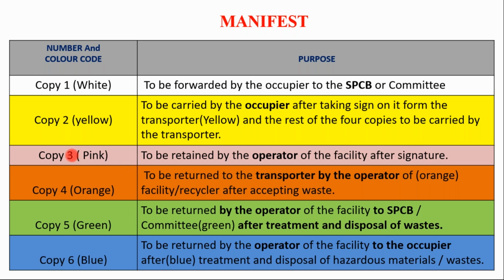So copy 3 has the pink color, that is to be retained by the operator of the facility after the signature. Then 4 is the orange color, to be returned to the transporter by the operator of the facility or recycler after accepting the waste.